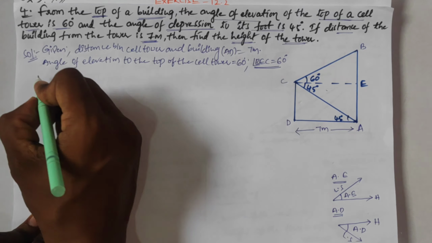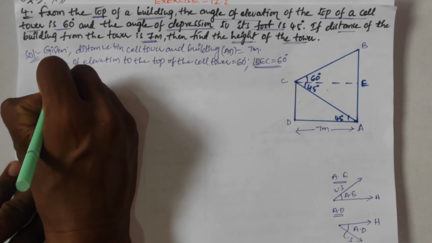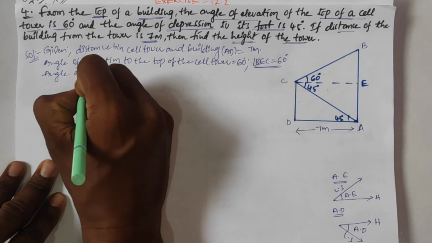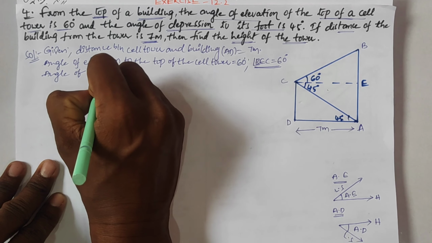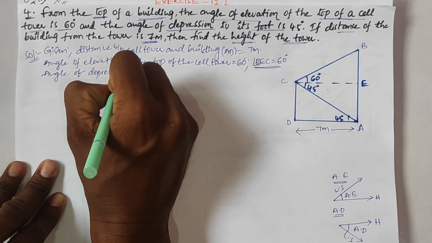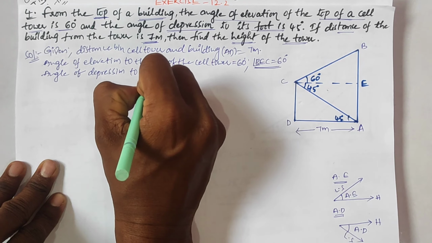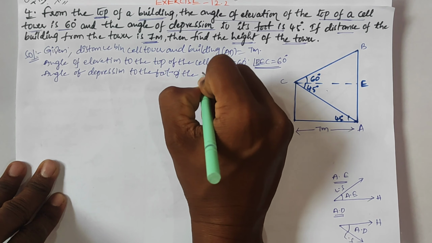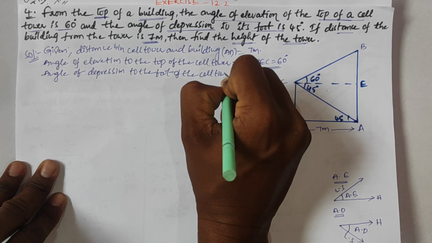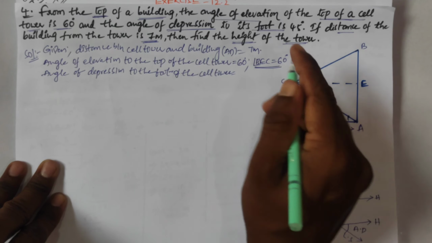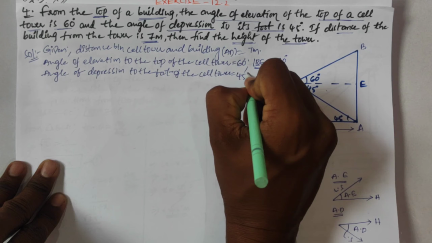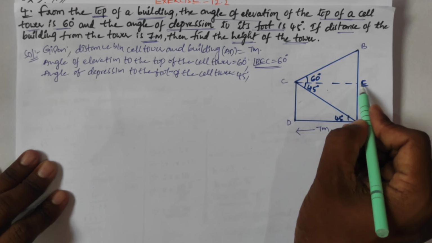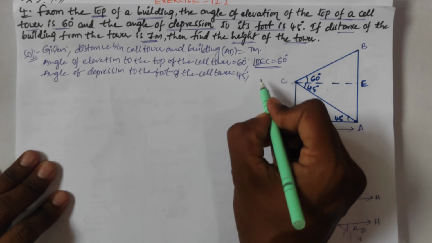Right? Next, given angle of depression to the foot of the cell tower is equal to how much? What is the angle of depression given? 45 degrees. Right? Nothing but angle ECA.